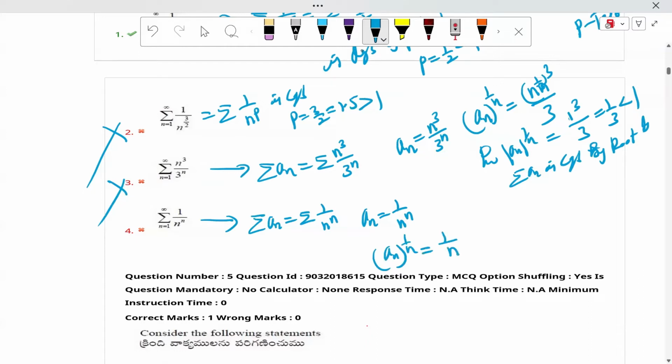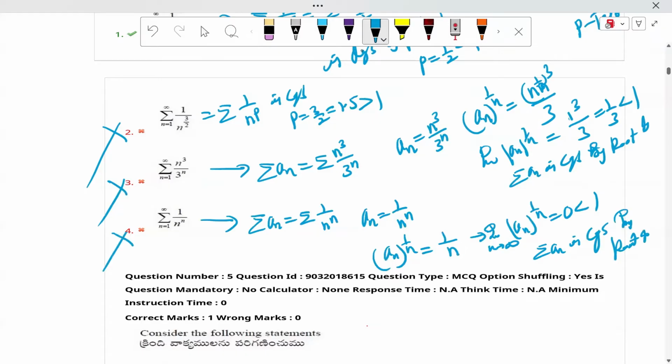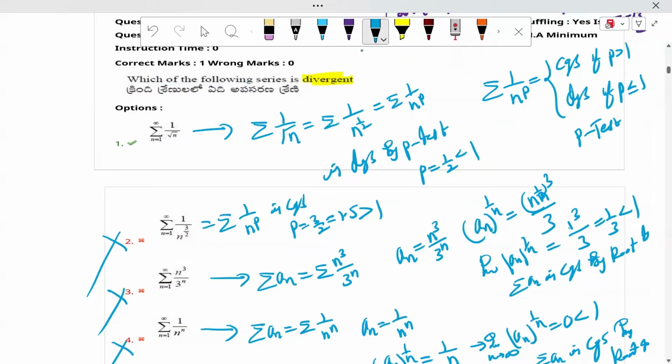Applying the limit as n approaches infinity, the limit of an^(1/n) is equal to 0, less than 1. By the root test, summation an is convergent. So finally the right answer is option A.